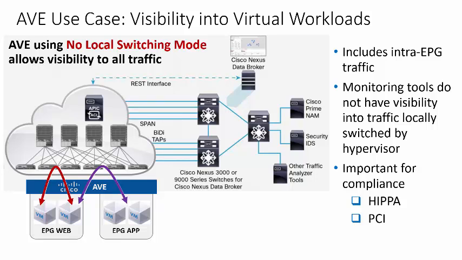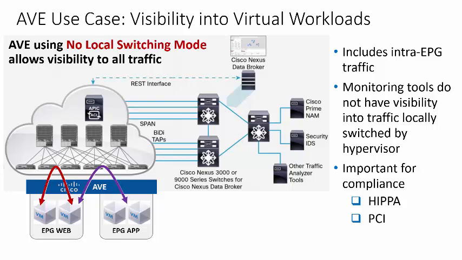And then you can get visibility into virtual workloads. The AVE using no local switching mode allows visibility to all traffic. So again, you're talking about the black hole that exists between virtualization engineers and network engineers. Network engineers need to see traffic. It doesn't really bother virtualization engineers if they don't see traffic.